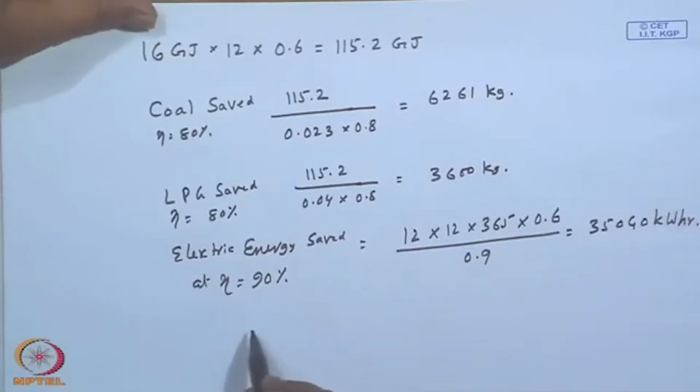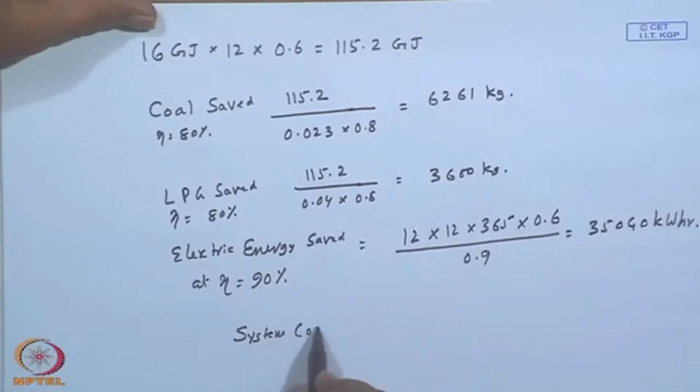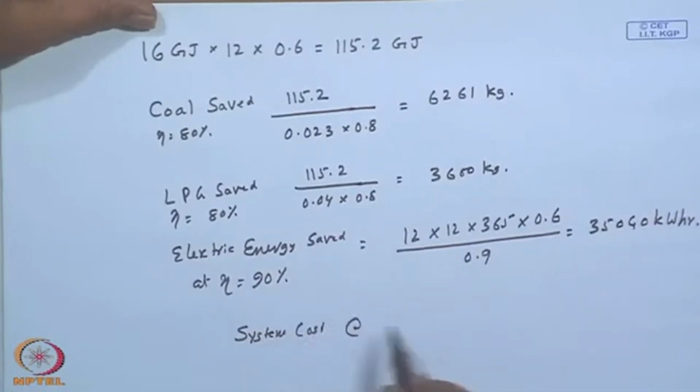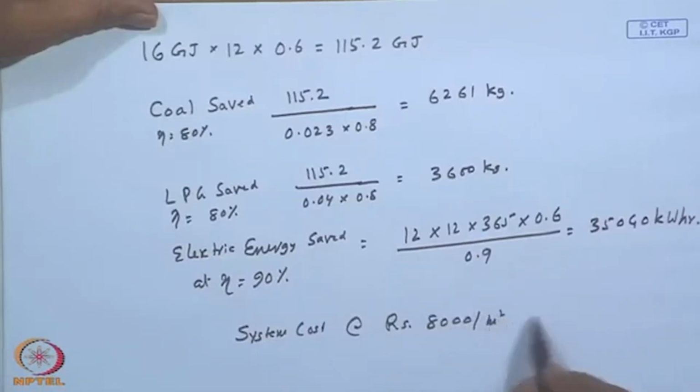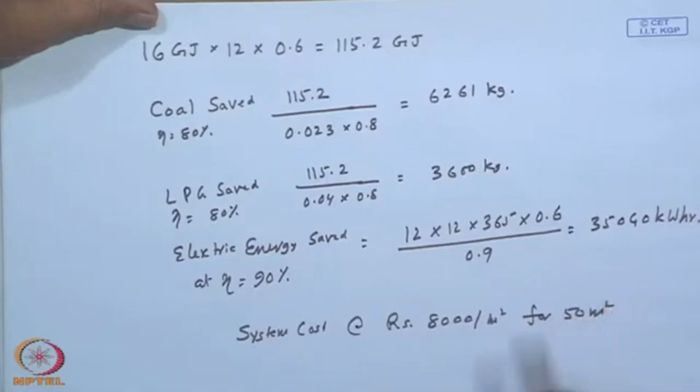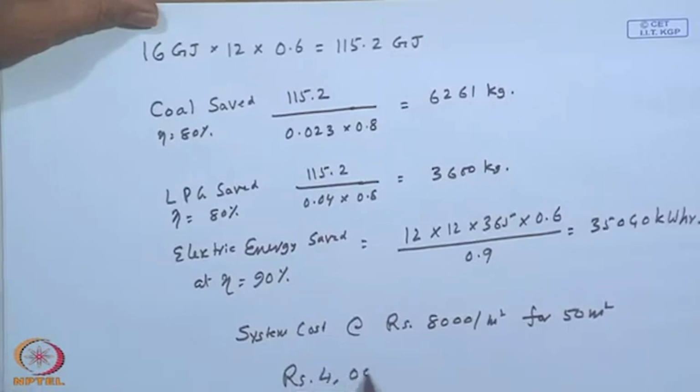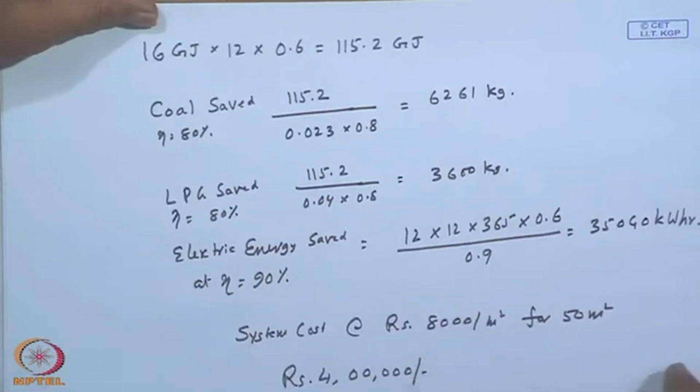And we already estimated system cost at Rs 8,000 per meter square for 50 square meters, which will be Rs 4 lakhs. Okay.